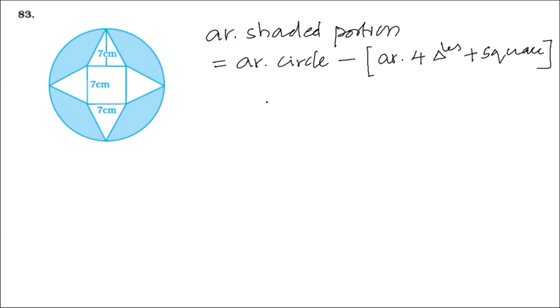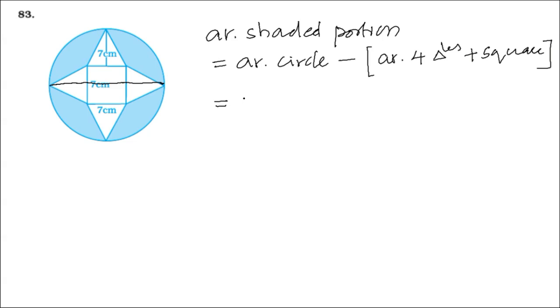How do we find area of the circle here? They have mentioned here that height is 7 centimeter. So from here to here it is 7, from here to here it is 7, from here to here it is 7. Diameter will be 21.